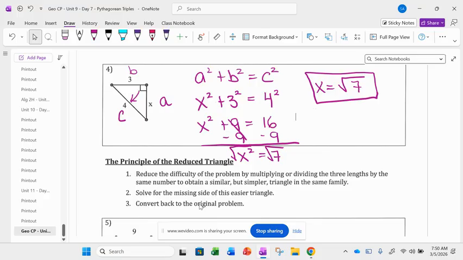And each time you're writing it down, say it to yourself. 3, 4, 5, 6, 8, 10, 9, 12, 15. It's not 17, 7, 24, 25.